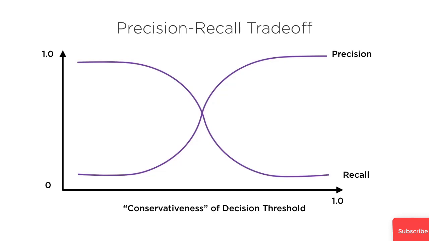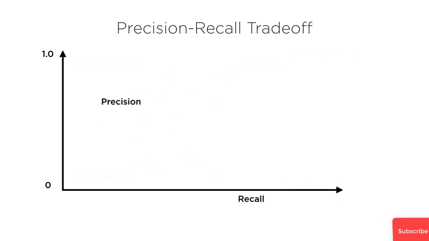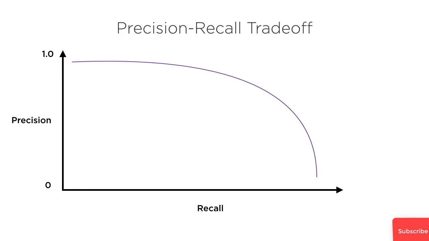If you try to tweak the decision threshold to increase the precision of your model, recall will fall and vice versa. So if you take precision versus recall, with precision on the y-axis and recall on the x, you'll get a curve that looks like this. Higher recall means lower precision, lower recall means higher precision.